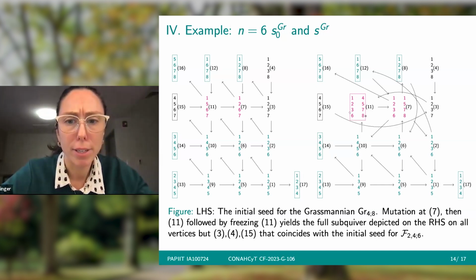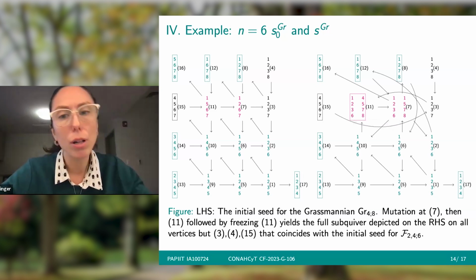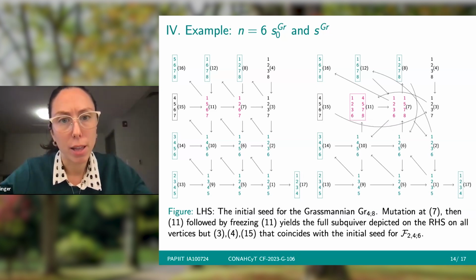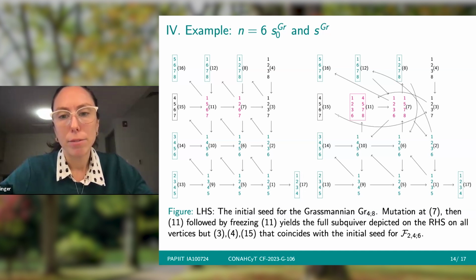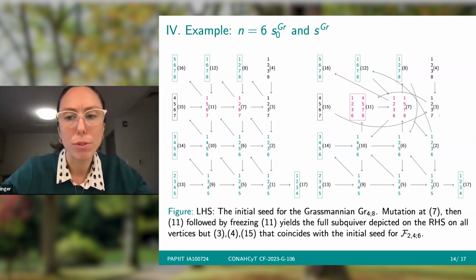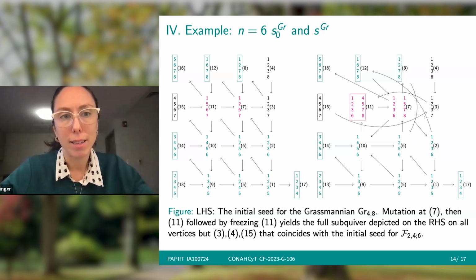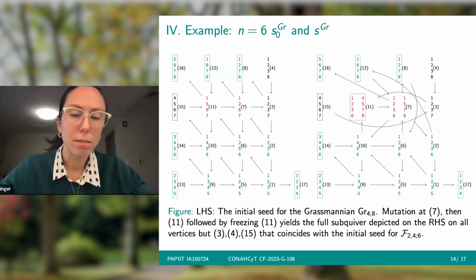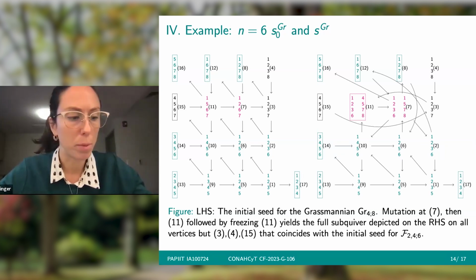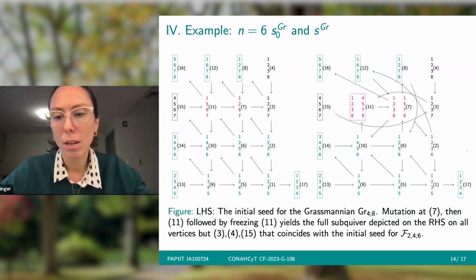So here I either have in a column 7 and 8 not appearing at all, or 7 and 8 appearing together. And after this mutation, to get the initial quiver for the flag, I just have to freeze this vertex and eliminate the three black ones. And that's the seed in the Grassmannian that was mentioned in the theorem.